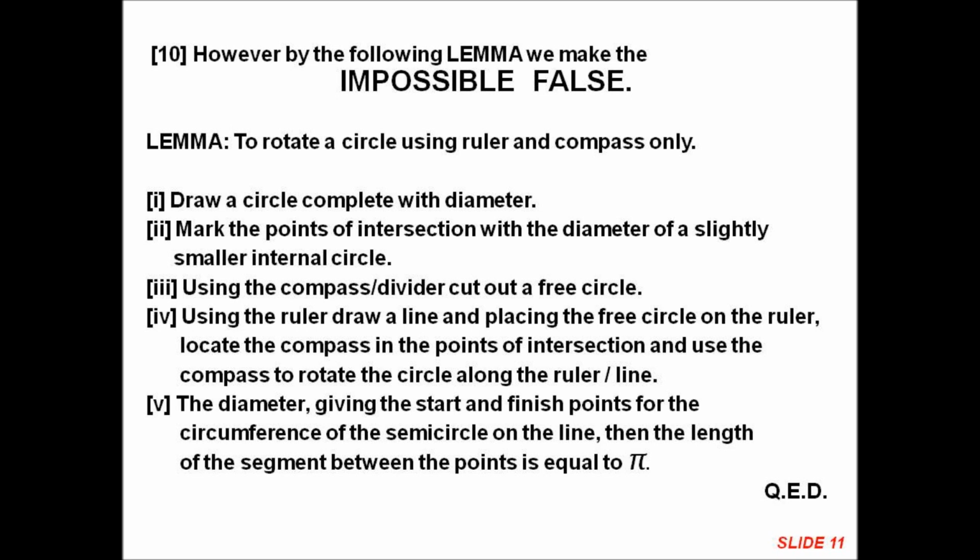Using the ruler, draw a line, and placing the free circle on the ruler, locate the compass in the points of intersection and use the compass to rotate the circle along the ruler stroke line. 5. The diameter gives the start and finish points for the circumference of the semicircle on the line, then the length of the segment between the points is equal to pi, QED.